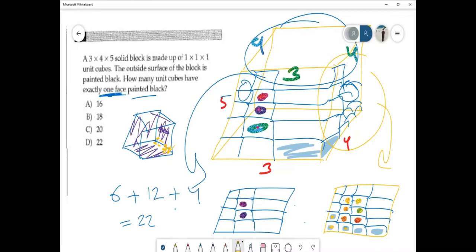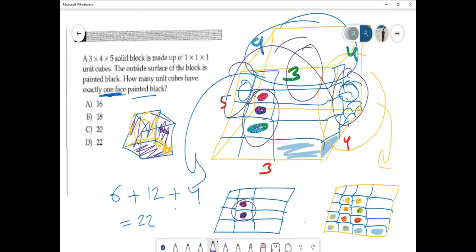But the blocks which are here will be painted more than one time. So I'm not going to count these, which are here and here. I'm looking for the blocks which are in this portion.